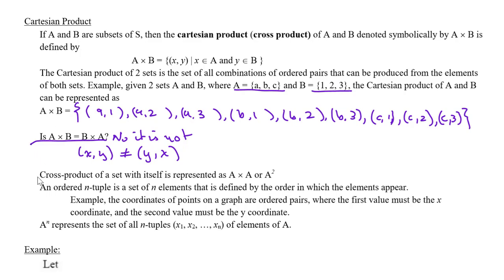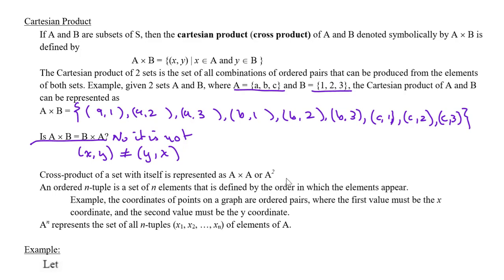From here we could say that the cross product of a set with itself is a kind of square. An ordered n-tuple in a set of n elements is defined by the order in which the elements appear. An example would be the coordinates of a point on a graph, which are an ordered pair, where the first value must be the x coordinate and the second value is the y coordinate.